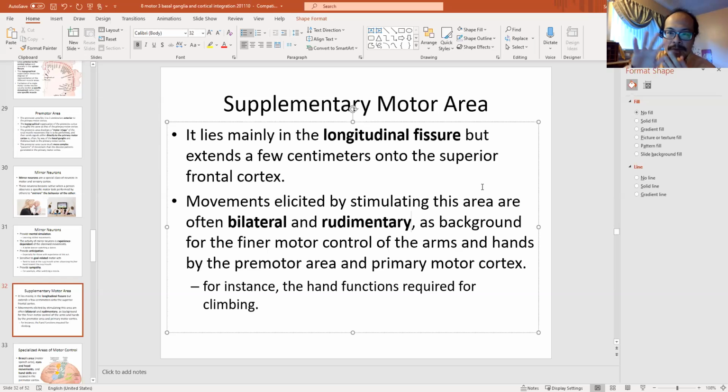You have the profile, you have the plan, you want to do things, but some details will be conducted by the premotor and the primary motor areas, while the background will involve more of the bilateral part located in the longitudinal fissure. That will more collectively connect the two hemispheres. For example, using your hands in climbing is provided by the supplementary motor area.